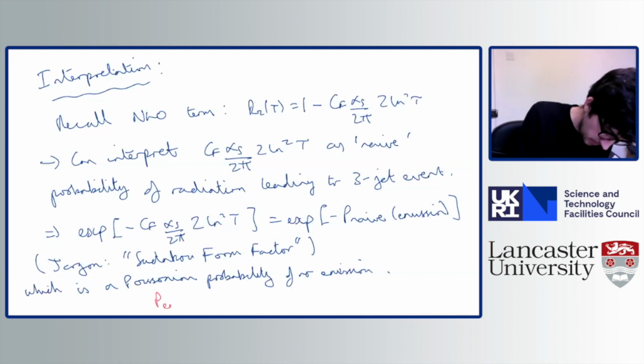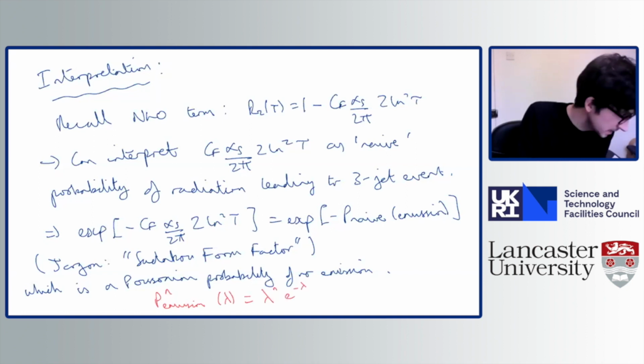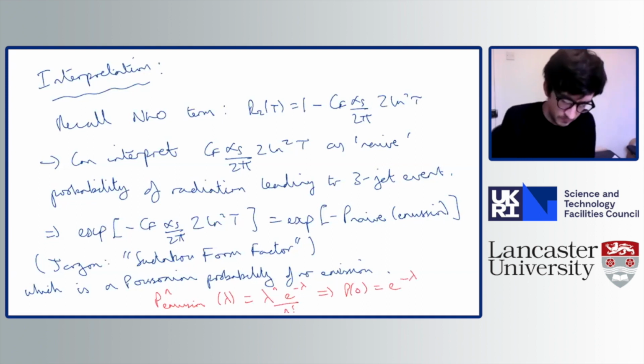Of course, the probability of having n emissions when you've got some lambda, that's your parameter in your Poissonian probability, lambda to the n e to the minus lambda over n factorial, then of course P of 0 emissions is just e to the minus lambda. Okay.